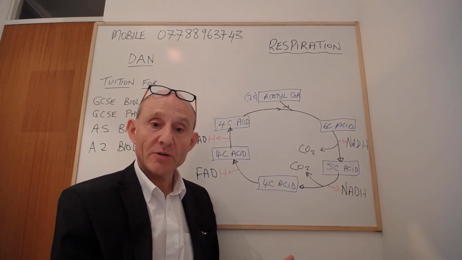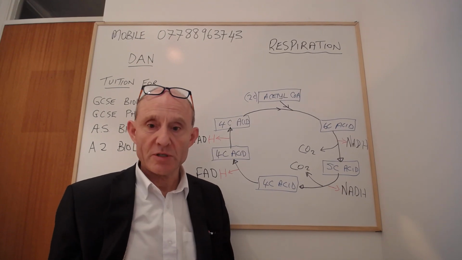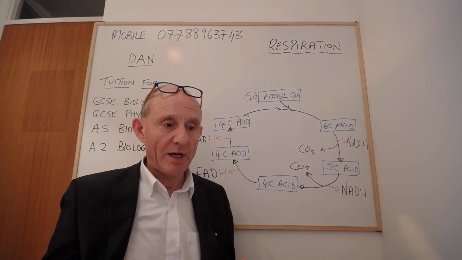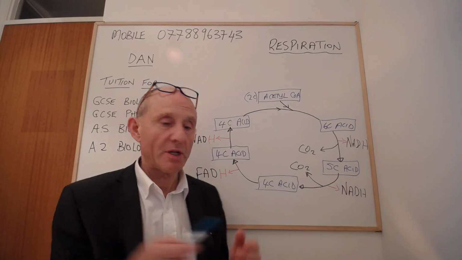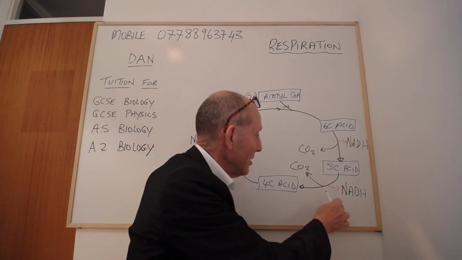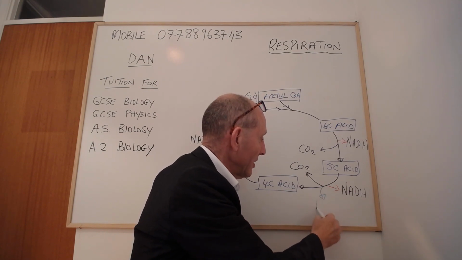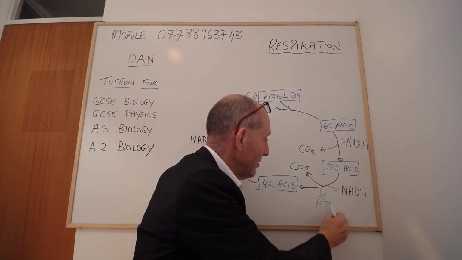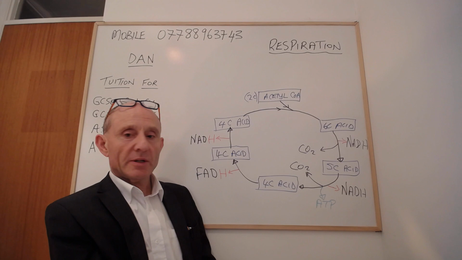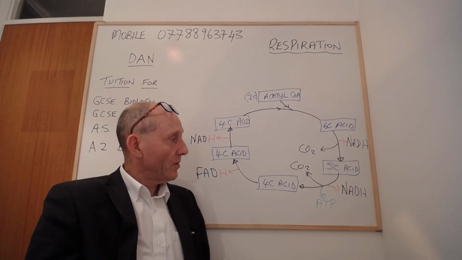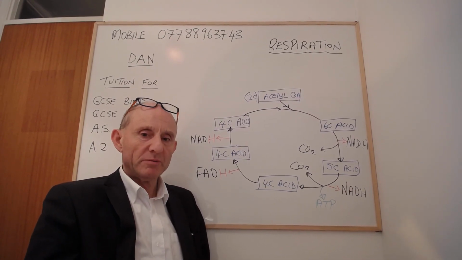And that's nearly everything we need to say, except one last thing. In one of the steps, you get an ATP molecule made. And it's that step there. Do you have to remember that it's that step?